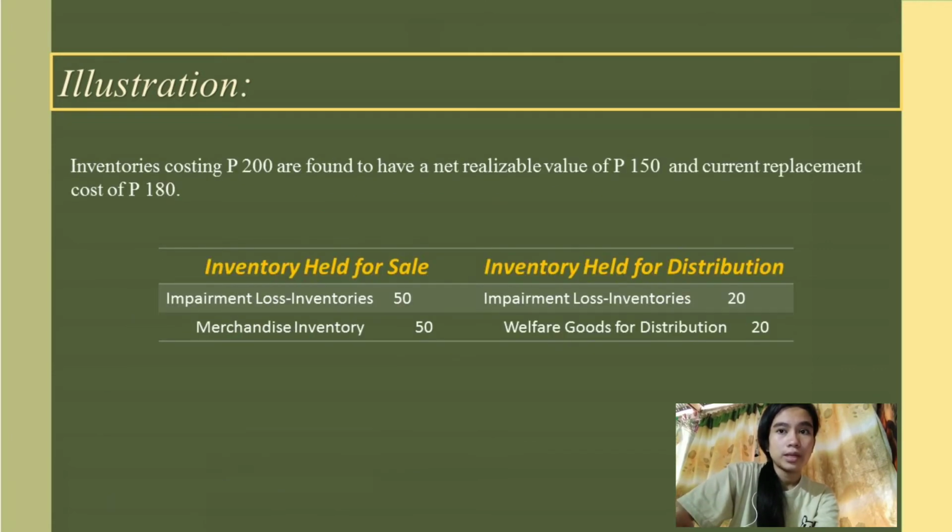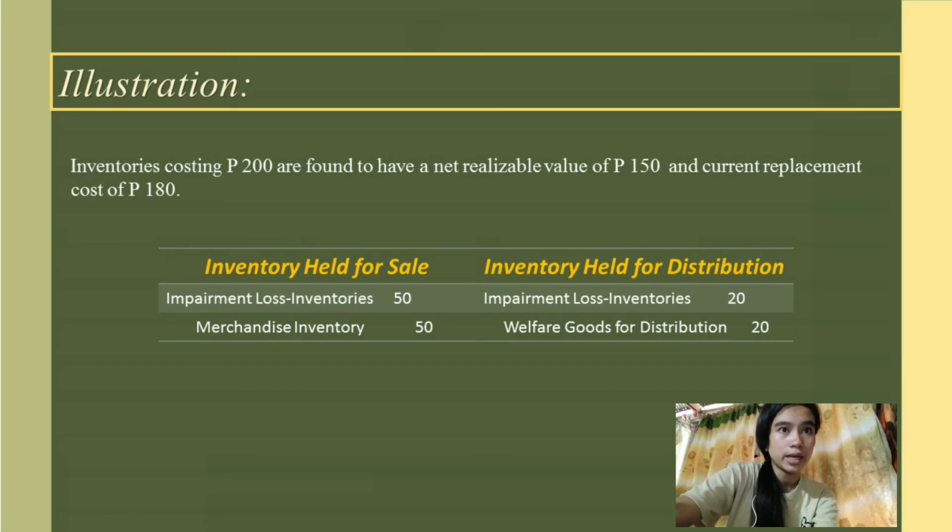So, assume naman natin na yung inventory na natira na 200 daw ay found to have a net realizable value of 150 and current replacement cost of 180. As to this remaining cost, sa inventory held for sale, the basis will be the net realizable value of 150, while for inventory held for distribution, the basis will be the current replacement cost, wherein we debit impairment loss inventories and credit merchandise inventory.